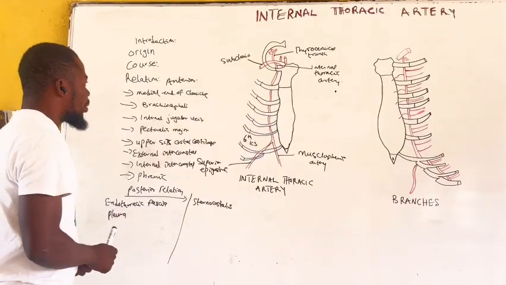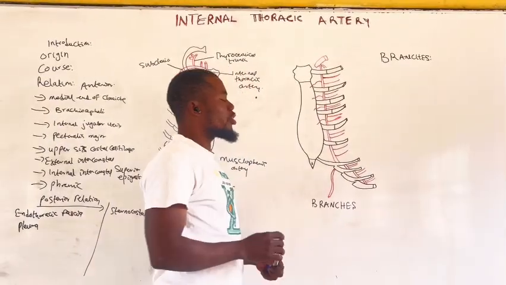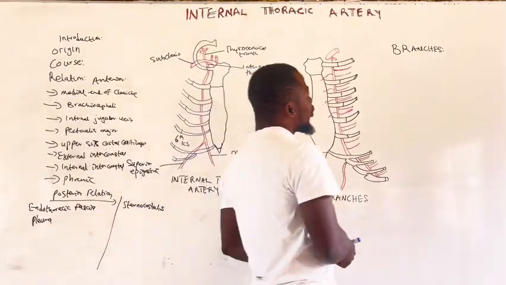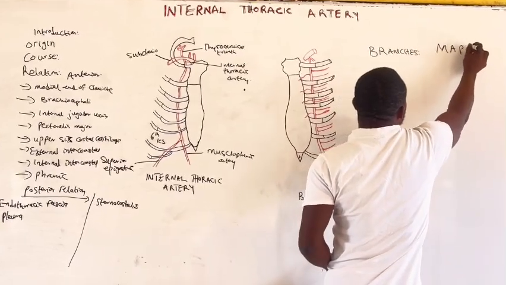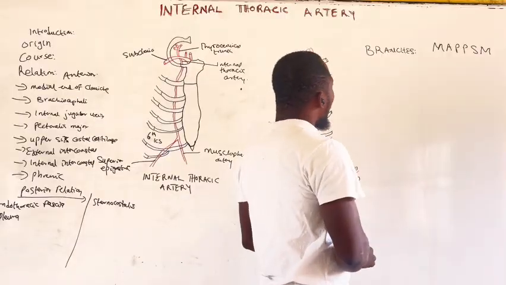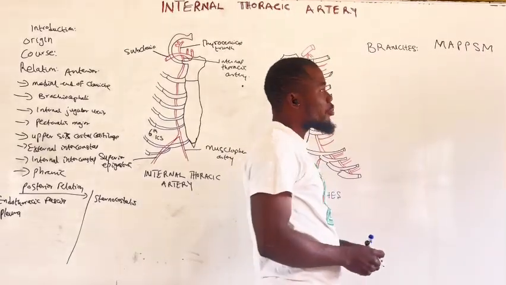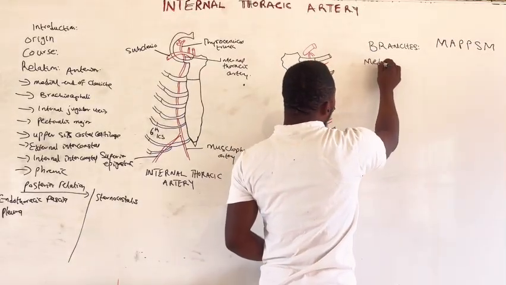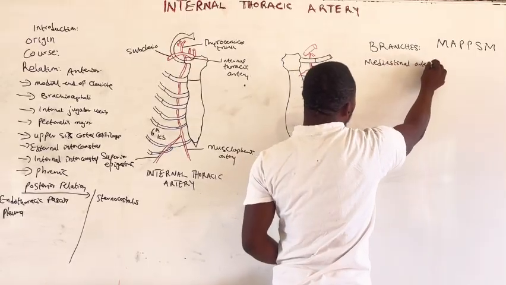Up next are the branches of the internal thoracic artery. The internal thoracic artery gives off 6 branches, which you can remember using the mnemonic MAP, SM, where M stands for mediastinal branch or the mediastinal artery.